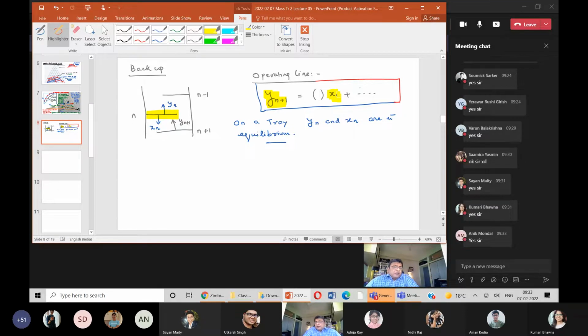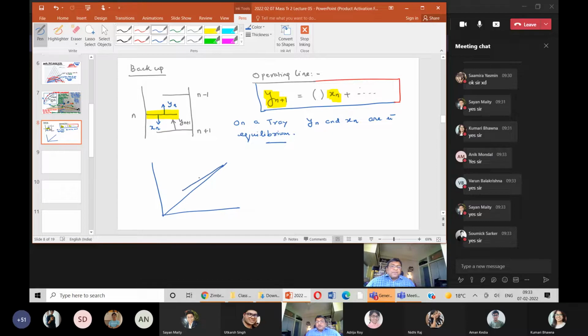Varun, Balakrishna, Rishi, Adrija, Shomik. So what is an operating line? This is what you have drawn. This is your operating line. This is your equilibrium line. And you have drawn the stages like this. Yes or no?